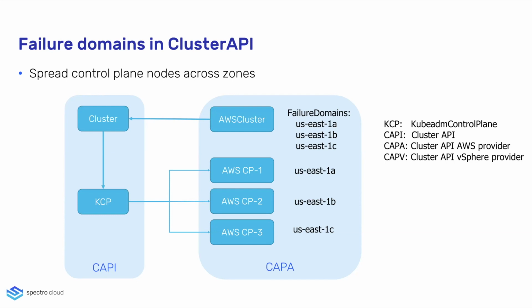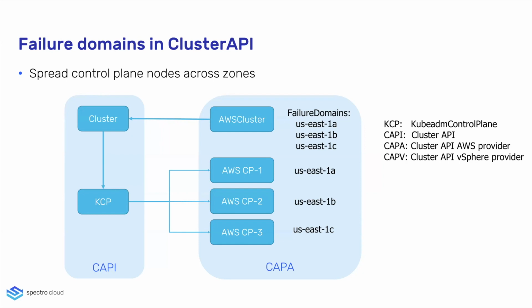Like we mentioned earlier, KCP, which is the KubeadmControlPlane, is responsible for managing the control plane nodes. So it will need to get the AZ information from the infrastructure provider, AWSCluster, when it tries to create a new node for the control plane. The way it works is AWSCluster will generate the available failure domains from the available subnets within the current VPC.